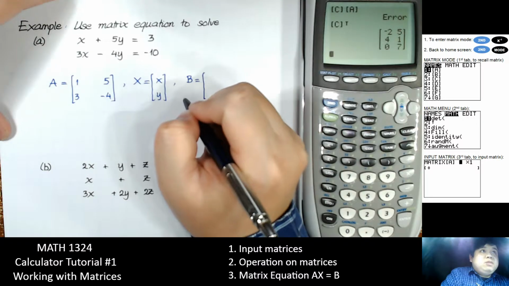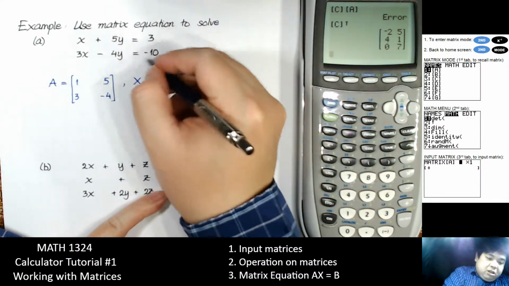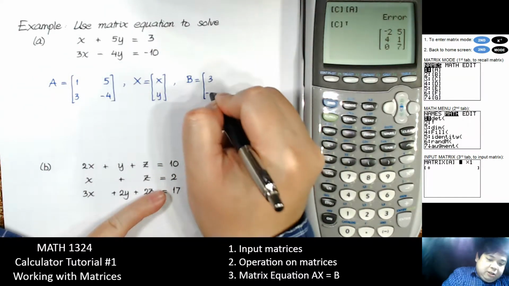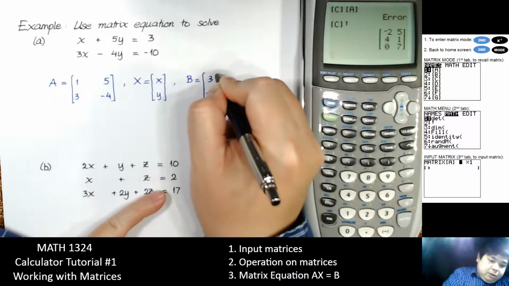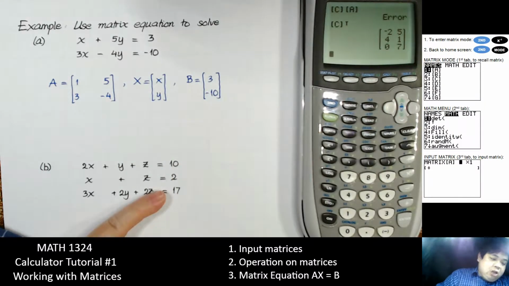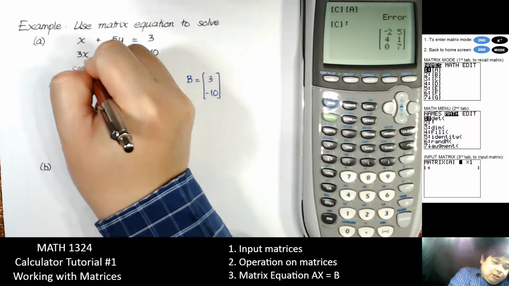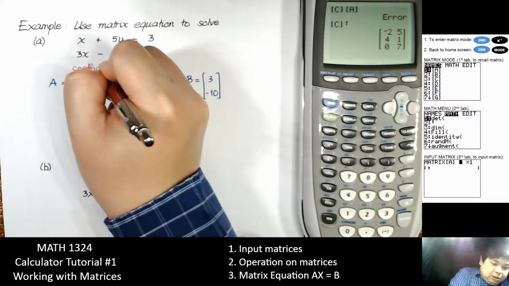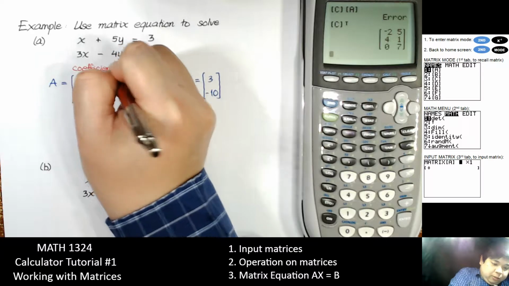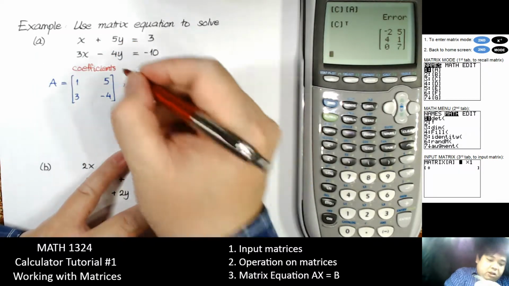And then the matrix B will be the constants on the other side. So to note, A is the coefficients, and this is the variables.